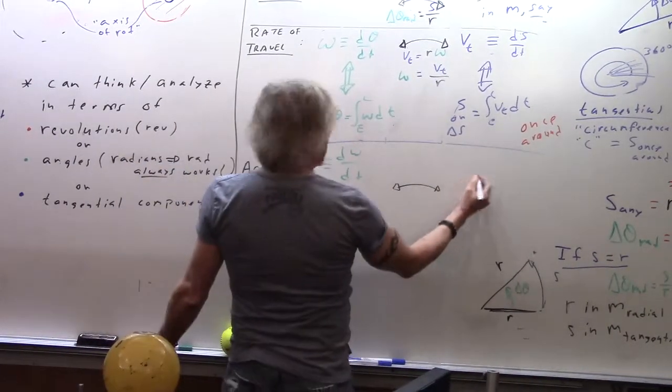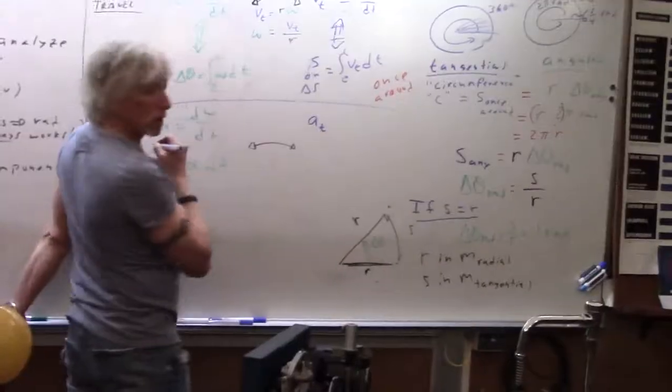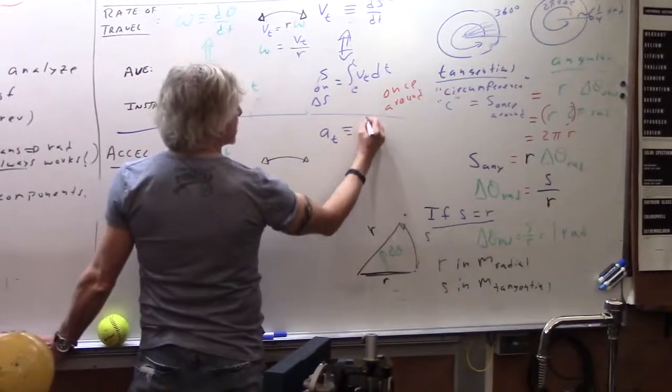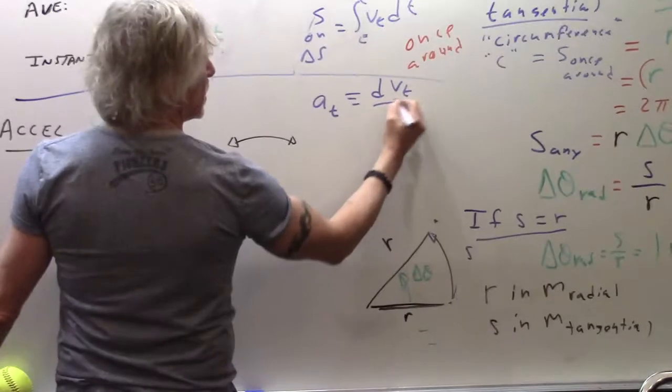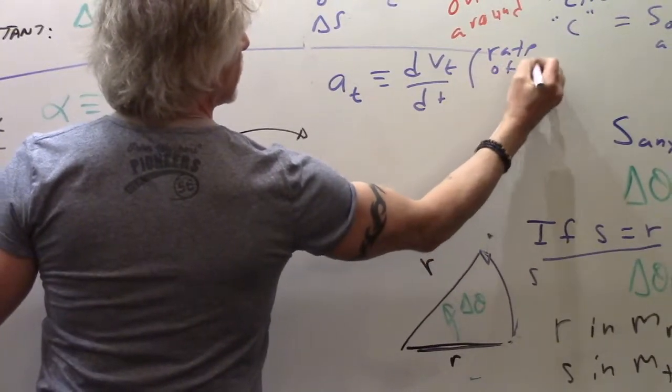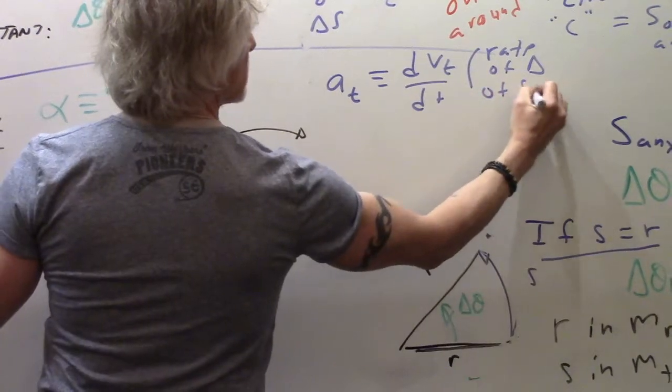So here, a tangential, this is going to be a key thing, is by definition dv tangential dt, the rate of change of speed.